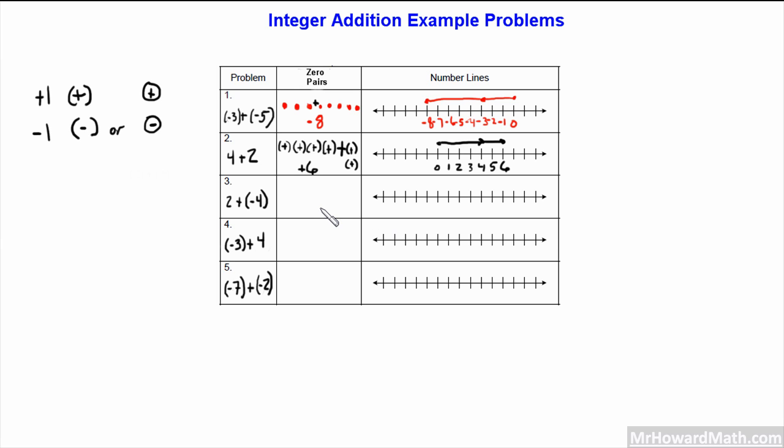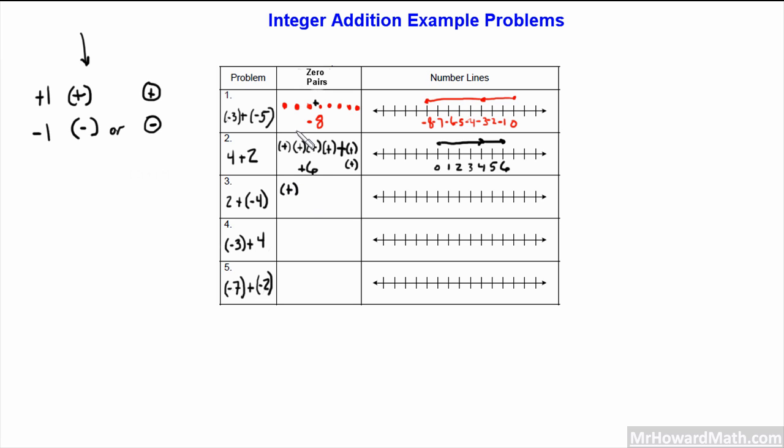Alright, I'm going to use the same method here. Instead of the different color circles, I'll use this method right here. Now we have a positive 2 plus a negative 4. So a positive 2 combined with the negative 4. Let's start with our positive 2.